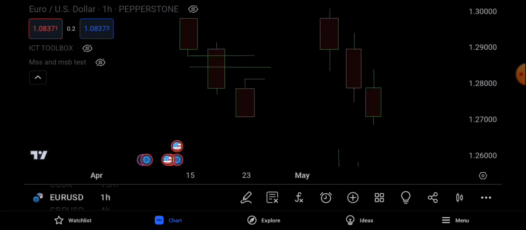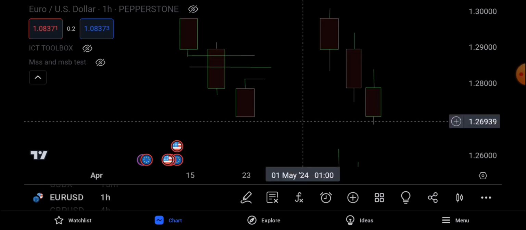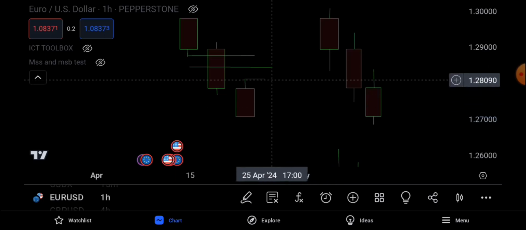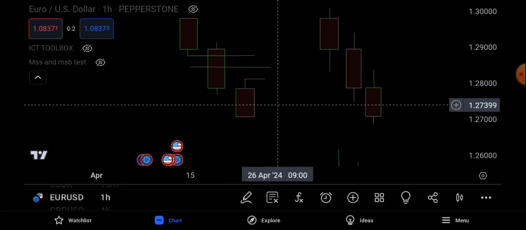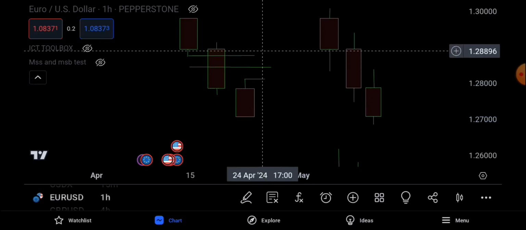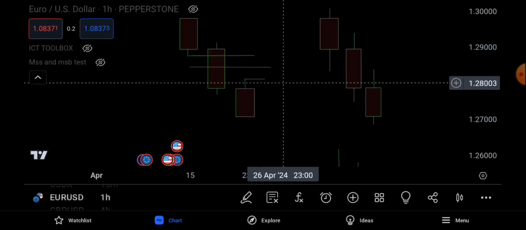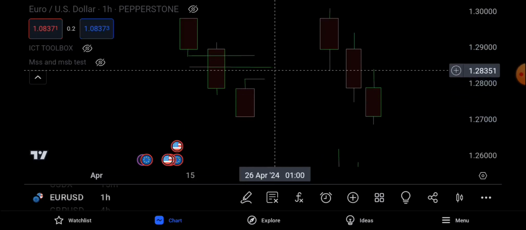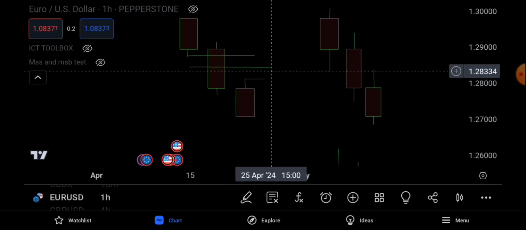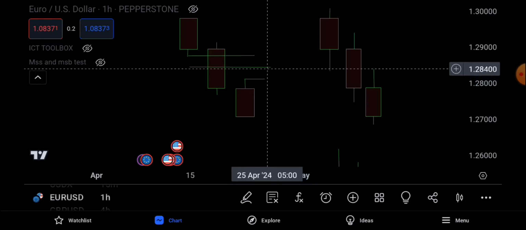Typically when we get a fair value gap, price likes to come back and rebalance it. This can be done by just wicking slightly above the third candle's wick and then continuing to the downside. Sometimes we could have a full wick all the way to the top and then continue to the downside. What invalidates and validates the zone is the candle's body close.